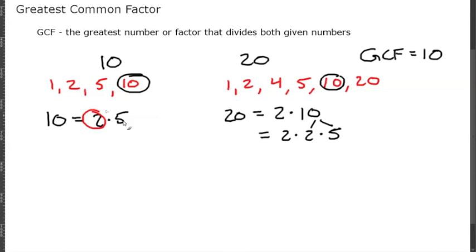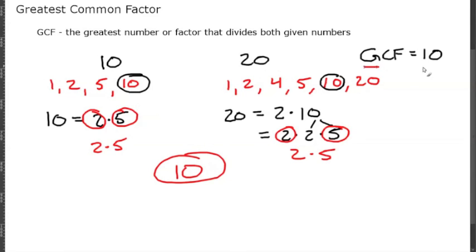So 2 is in both of them, and 5 is in both of them. So we're left with 2 times 5, and we know 2 times 5 is 10. So the GCF is 10. So when doing it the second method using prime factorization, you would multiply the factors that they have in common.